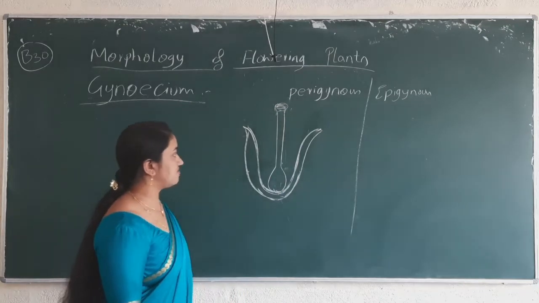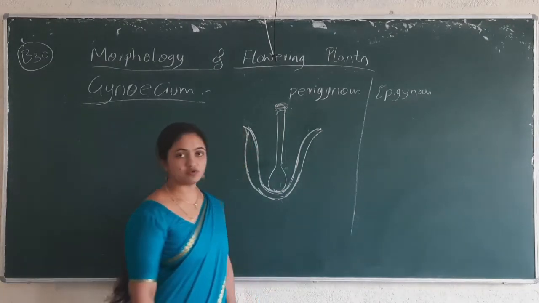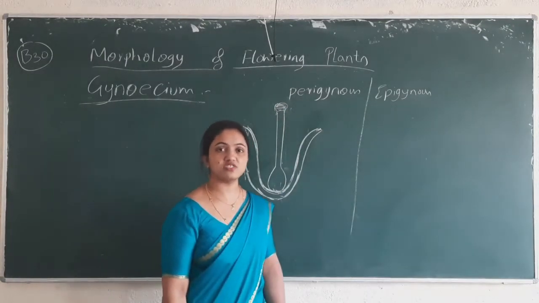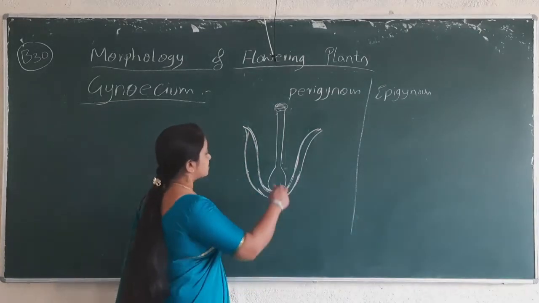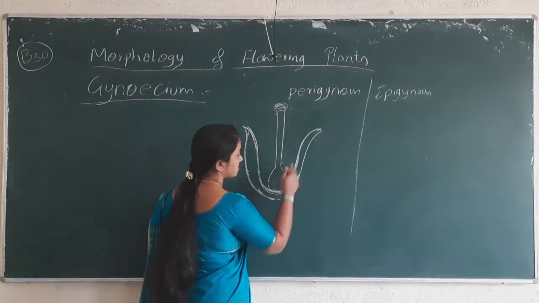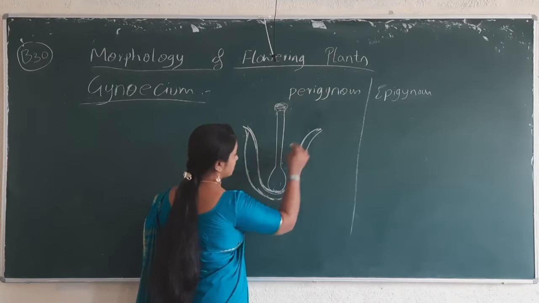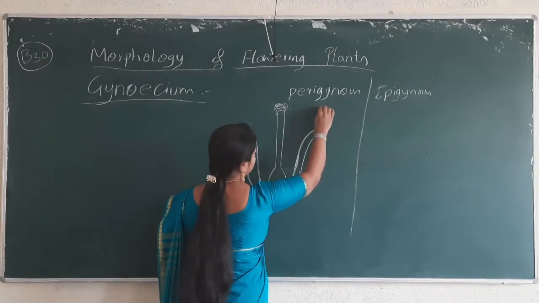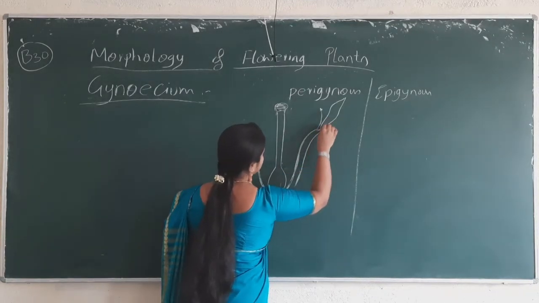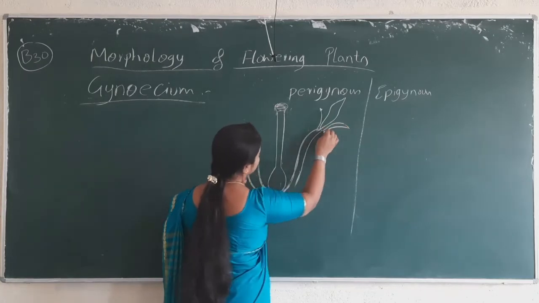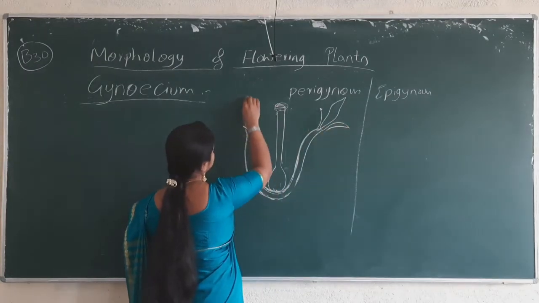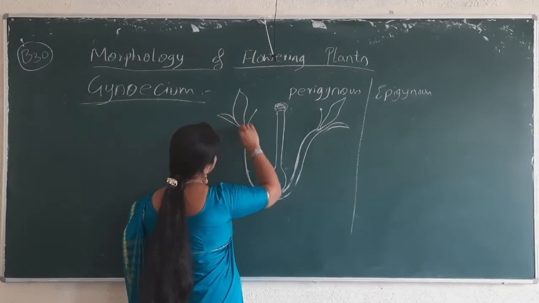Now, what is our concept? We are going to study the positions, right? So, the position of ovary, the position of thalamus, the position of androecium, corolla, calyx.